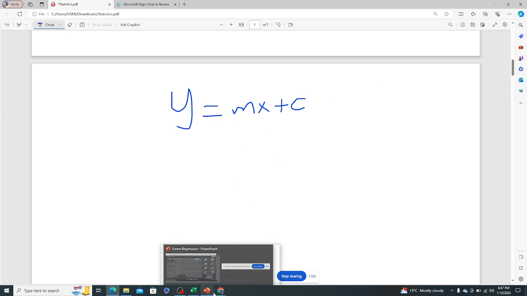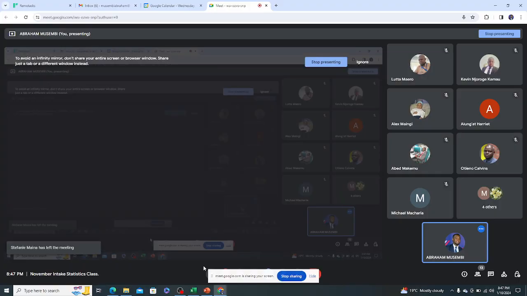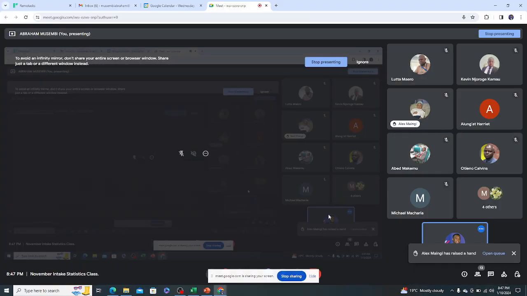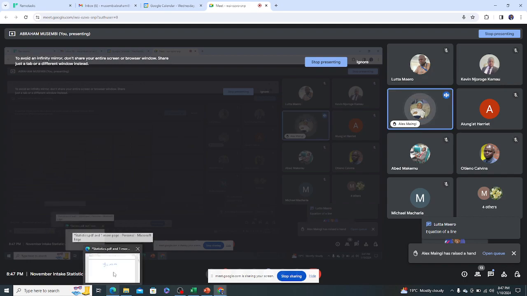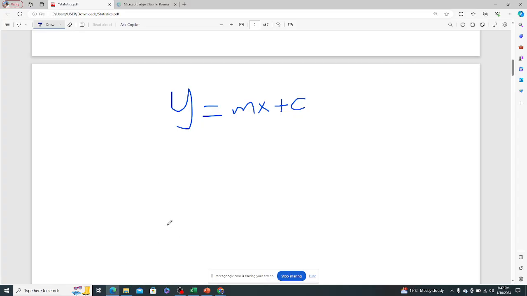Someone? Yes, Alex? Equation of a straight line. Yes, it is the equation of a straight line, meaning it has a linear relationship, that is y and x. Since we are talking about a line, they have a linear relationship.